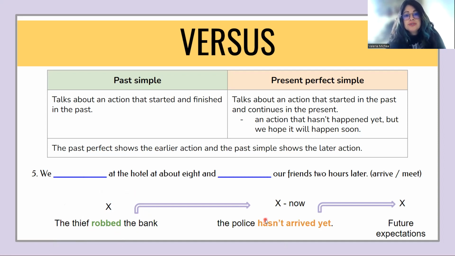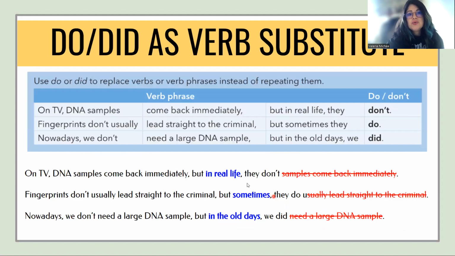So that is something that you need to pay attention to. Now let's move on to the last part of this mini class, and this is related to the 3rd lesson in Unit 6, which is to do with do and did. And do and did, in this case, are used to replace verbs or verb phrases instead of repeating them. So this is a trick to avoid repetition.